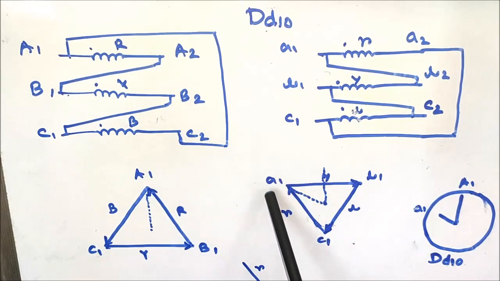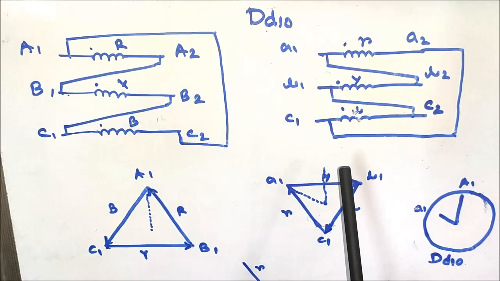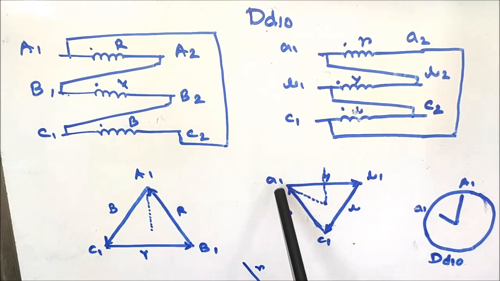So it is the connection terminal for the red phase. If I draw the virtual neutral and draw a vertical line, it will show 12 o'clock in the clock rotation. From the virtual neutral, if I draw a straight line towards the A1 terminal, it will be at 10 o'clock in the clock rotation.